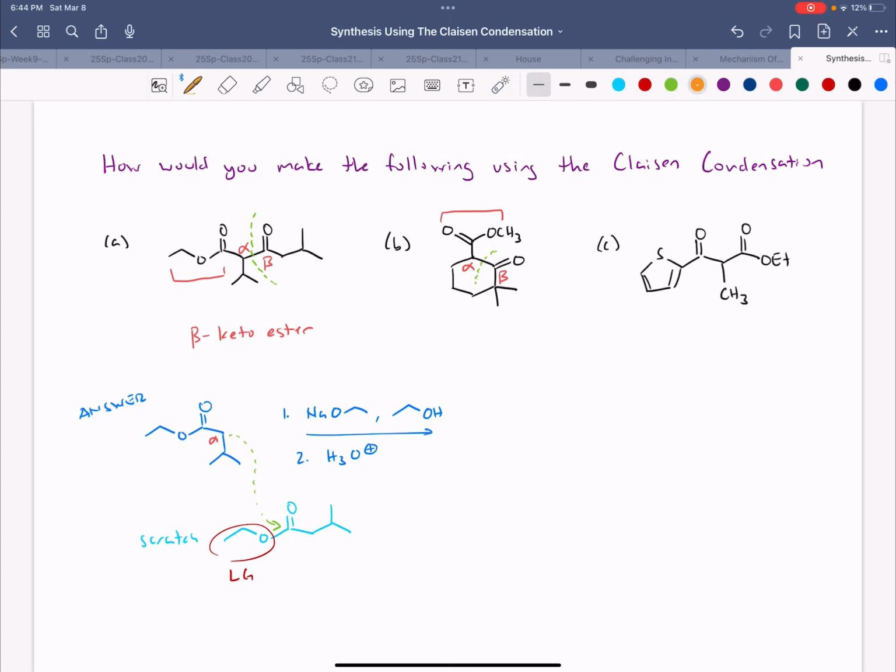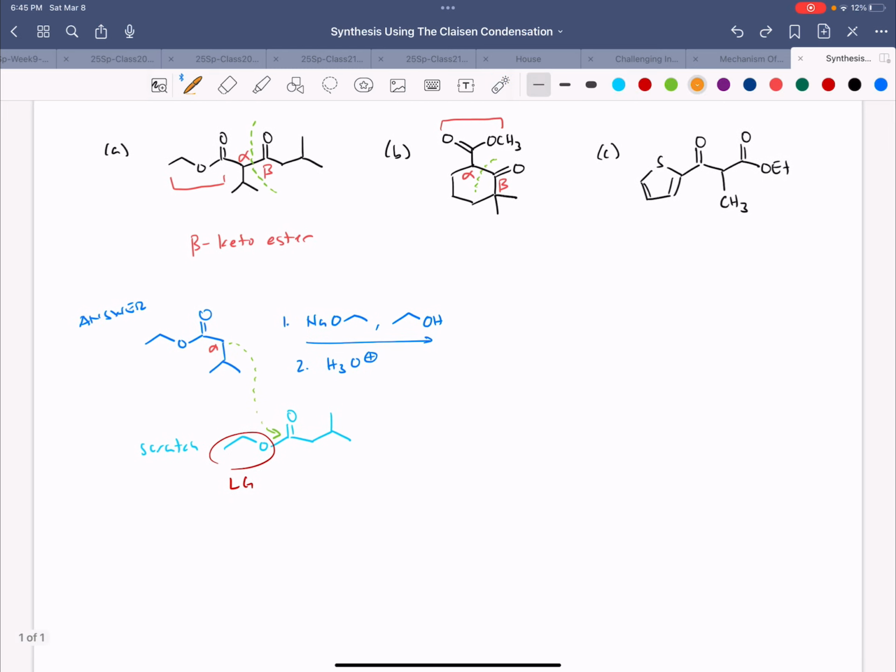So you've got to remind yourself for this one, even if we do the cut, like literally, if we cut right here, that's not the answer, because you've got to remember the Claisen is you attack an ester. You attack an ester. So this part has to look like an ester as well. So keep that in mind. For this molecule B, I would start out drawing the ester part.